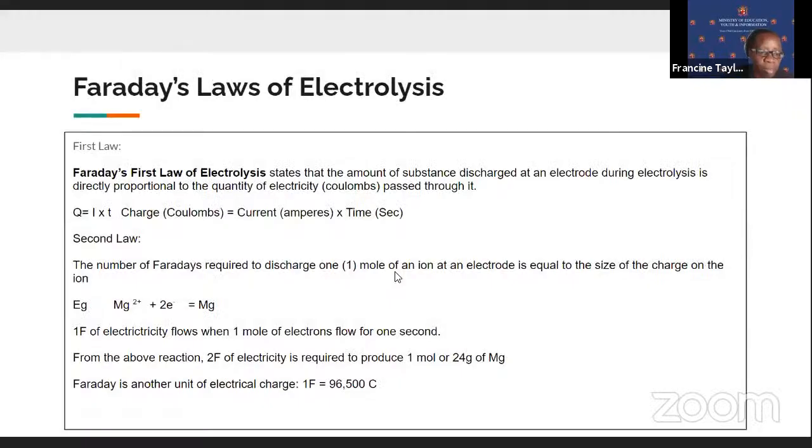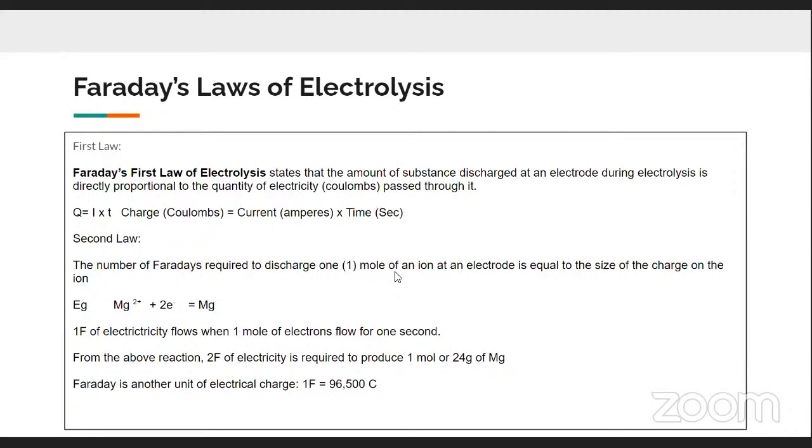Somebody was asking to repeat the statement about electroplating. So for the electroplating, you need at your cathode the object to be coated. So if I'm coating a spoon, I need my spoon connected to the cathode. And then for the anode, I need the metal that I'm coating with.